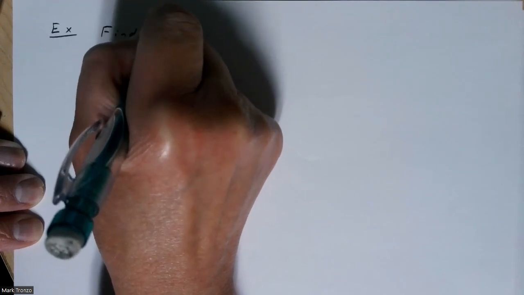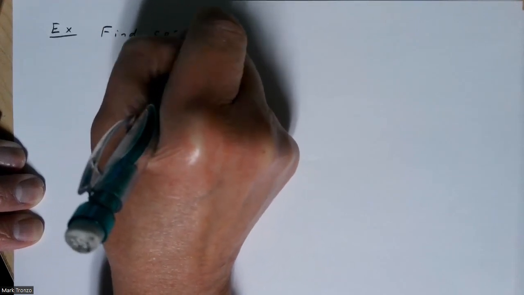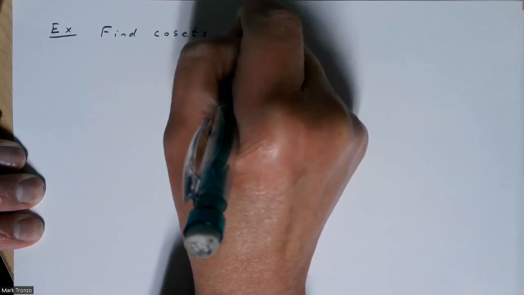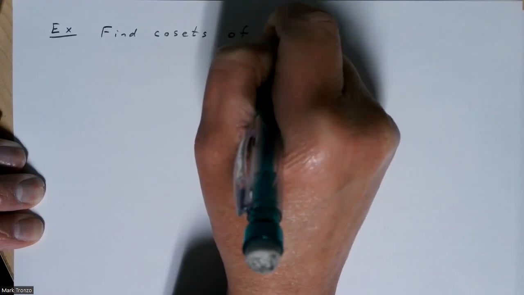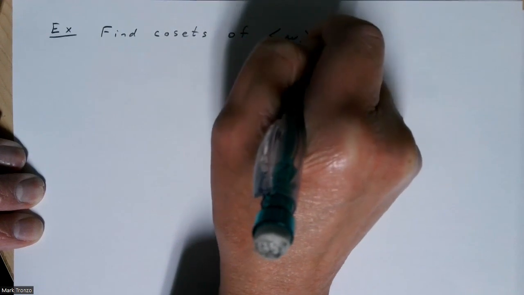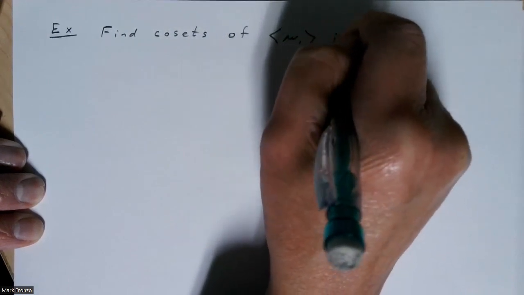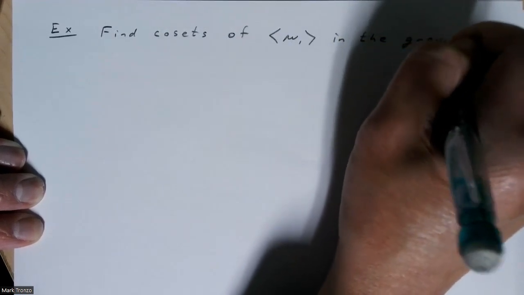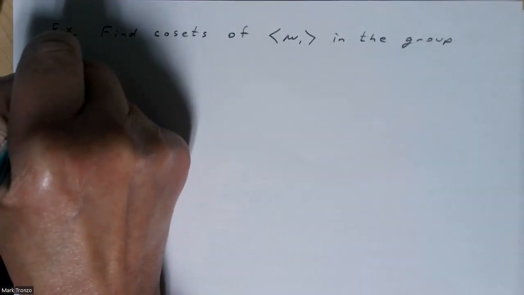So let's take a look at this problem here and find the cosets of mu1 in the group S3.